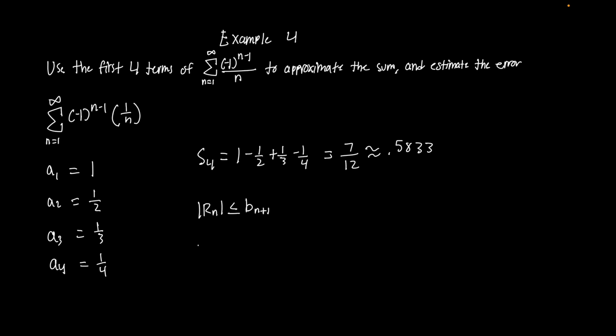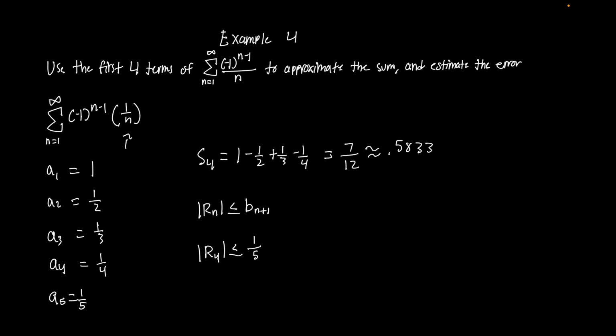Therefore, we know that the error of the 4th term, remember, it says r sub n, so we plug in the 4, is less than or equal to the 5th term. So what is the 5th term? In this series, we plug in a 5, or we can do it right down here. b sub 5 is equal to 1/5. So the approximation error is at most 0.2.